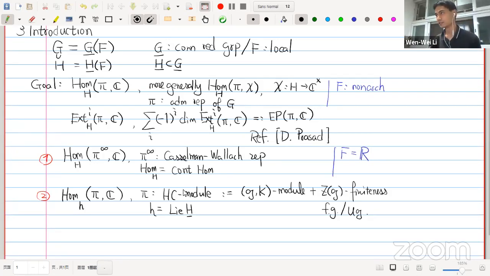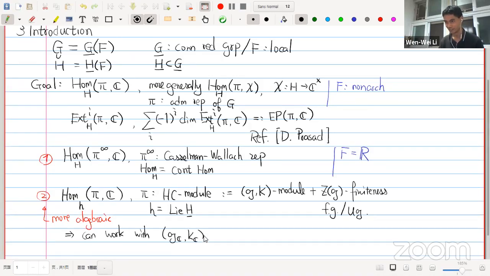Of course the second one is more algebraic. In particular, here I assume everything to be over F. But once you formulate things in this language, you can work over the complexifications. Maybe I should work with the complexifications in the beginning.